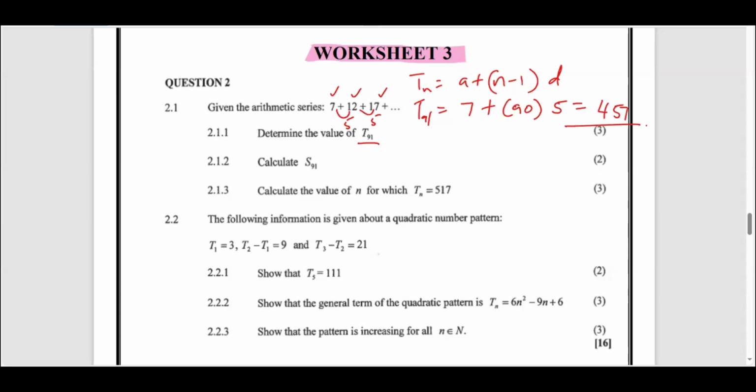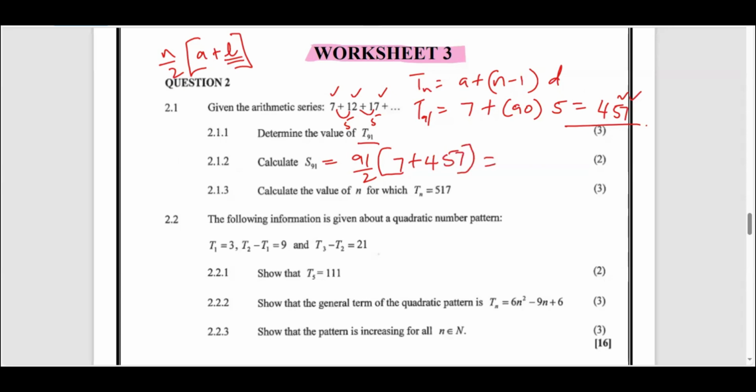Okay, so that is 90 times 5 plus 7, which is going to be 457. Then they want us to get the S of 91, the sum of the first 91 terms. So from the formula, n over 2, it's 2 marks, right? We can use a plus l straight away. Okay, because l is the last term, which is 457. So I can get that. So we have 91 over 2 into 7 plus 457.